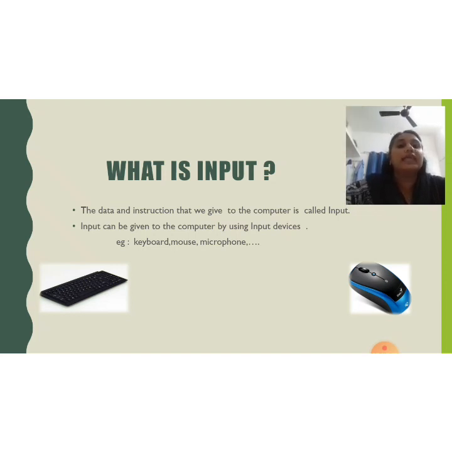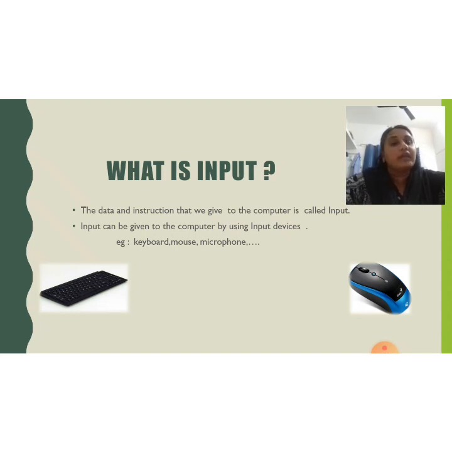Here data means the required information that we are giving inside the computer. For example, if I give the numbers 3 and 6 to be added, it is called data. Here the instruction is that I am asking the system to add these two numbers. So that is called instruction.